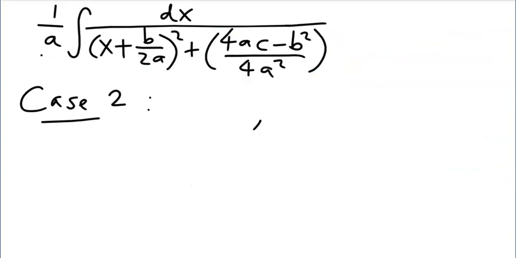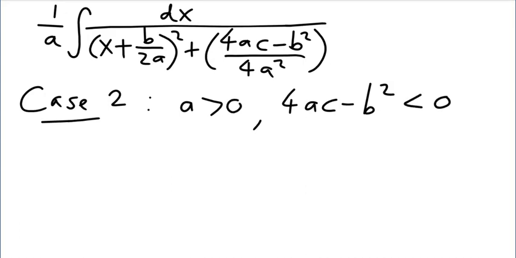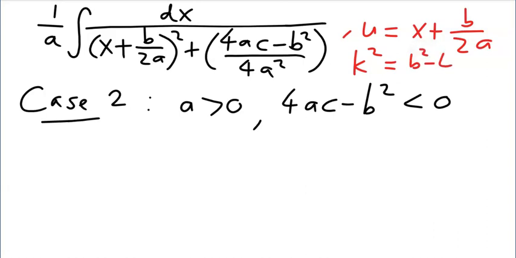Now, case 2 is when a is again positive, but 4ac minus b squared now is negative. Now, defining a new variable u as before, which is x plus b over 2a, and k squared now, which is a positive number, is defined as b squared minus 4ac over 4a squared.